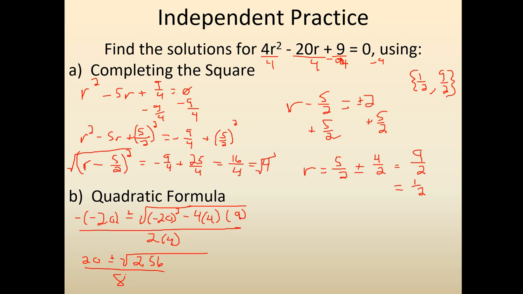Now, if you plug it into the calculator, 256 is a perfect square. This simplifies as 20 plus or minus 16 over 8.